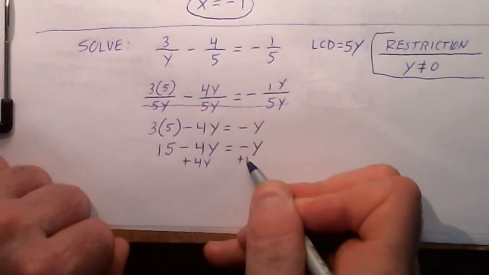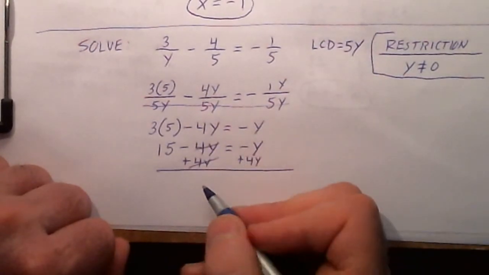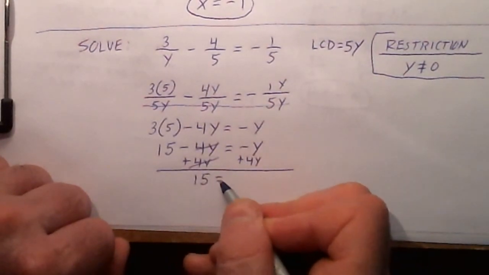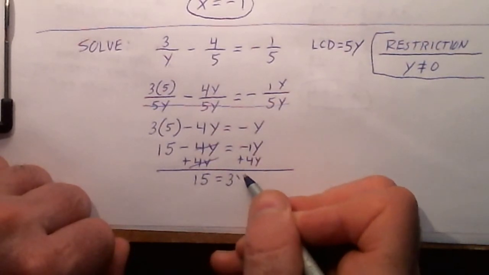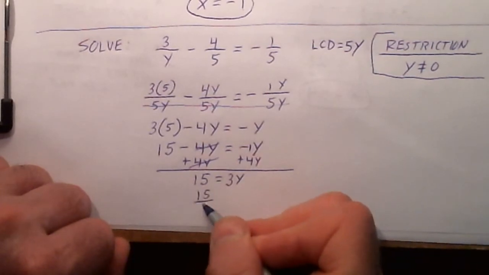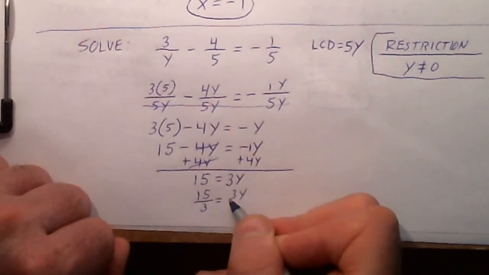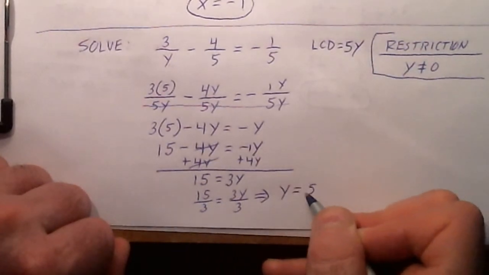Take the variable y over to the right side of the equation. The y's cancel out to 0 on the left side, leaving you with 15. And on the right side, we have -1y plus 4y is 3y. Divide both sides by 3, and we get our solution, which is y is equal to 5.